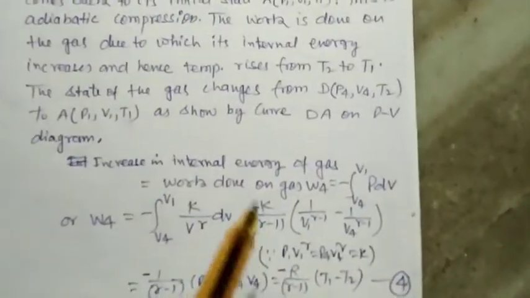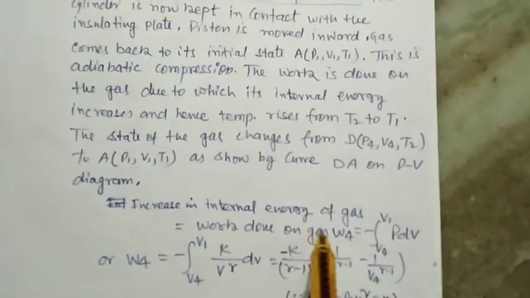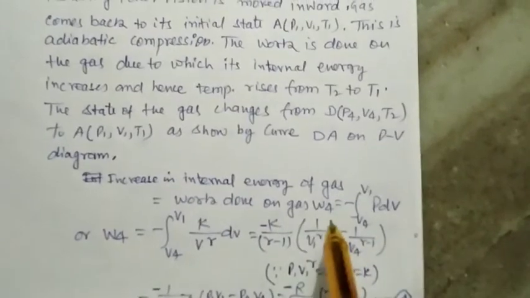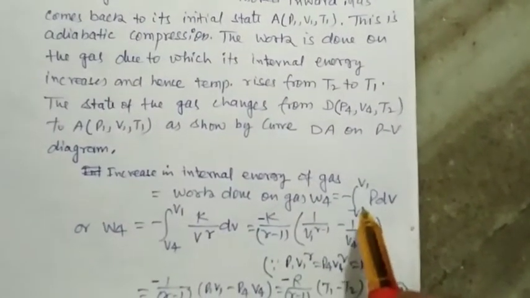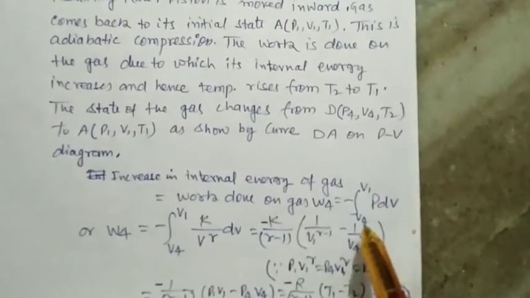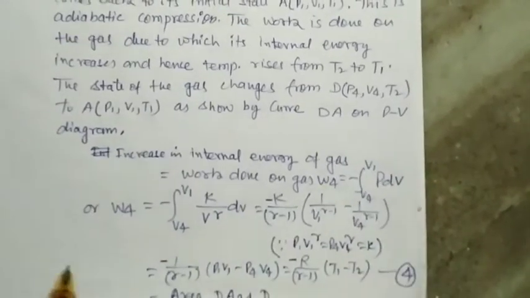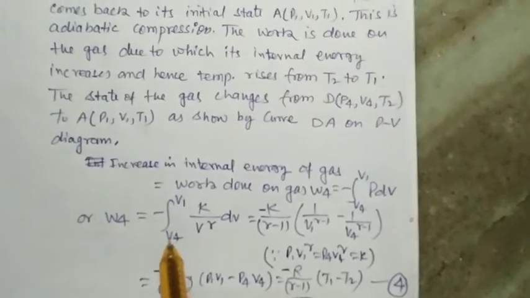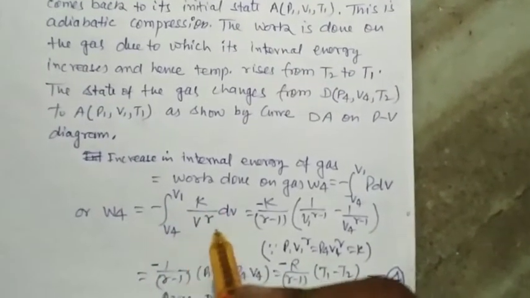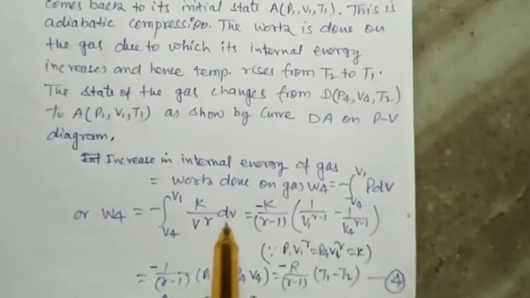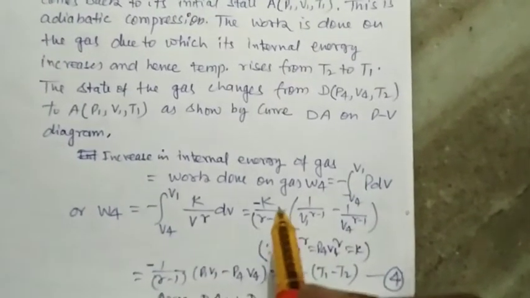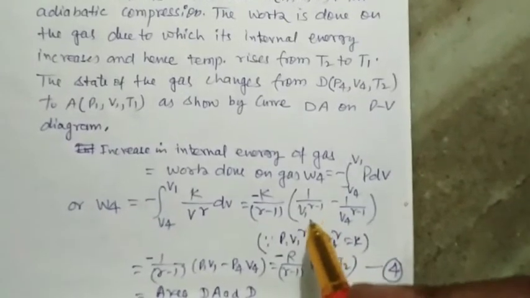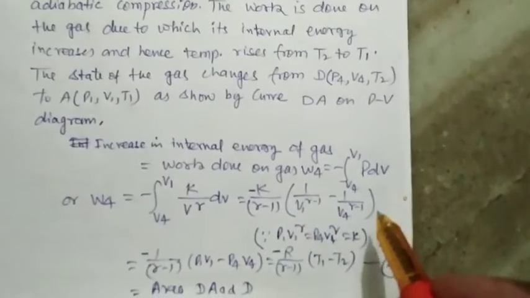Now discussion. Increase in internal energy of the gas is equal to work done on the gas. W4 is equal to again minus integration V4 to V1 PdV, that is W4 is equal to minus integration V4 to V1 K upon V gamma dV, this is for adiabatic, is equal to minus K upon gamma minus 1 into (1 upon V1 gamma minus 1 minus 1 upon V4 gamma minus 1).